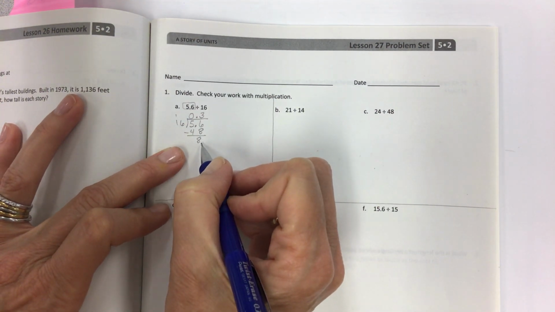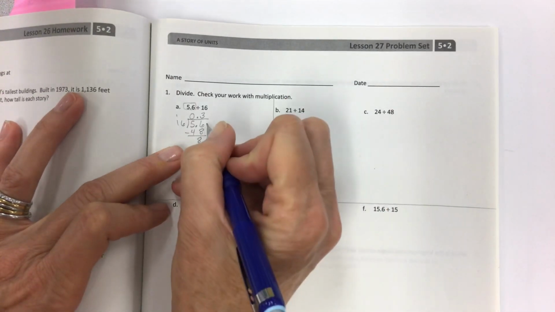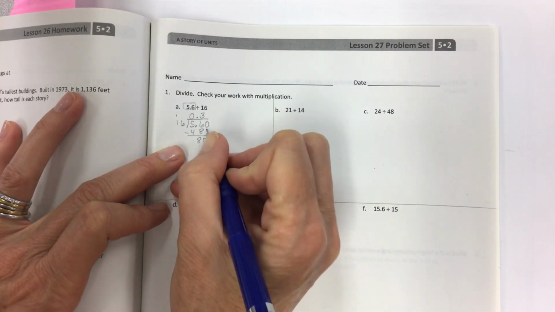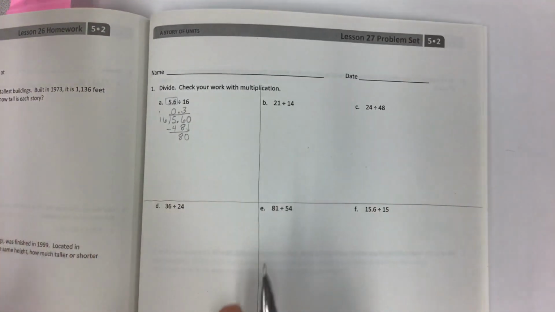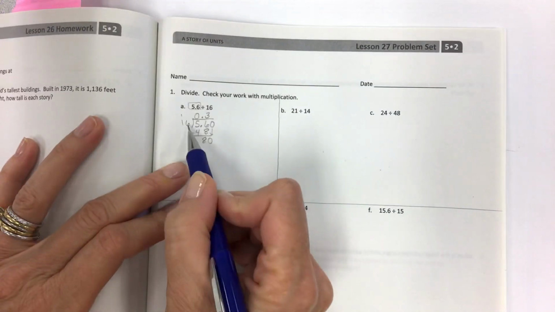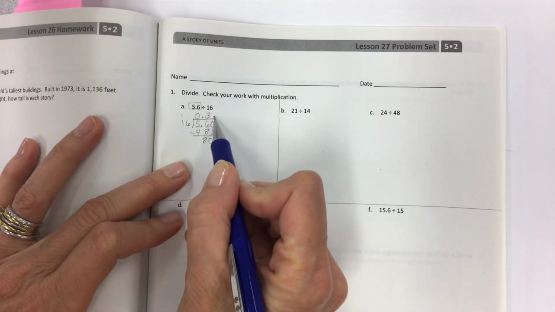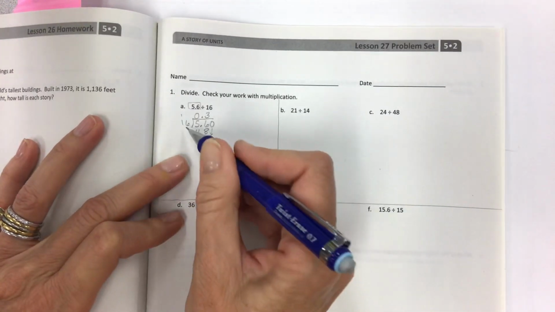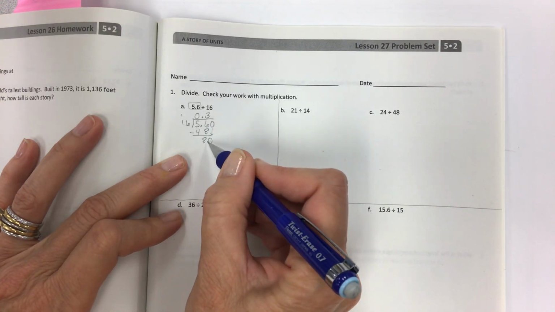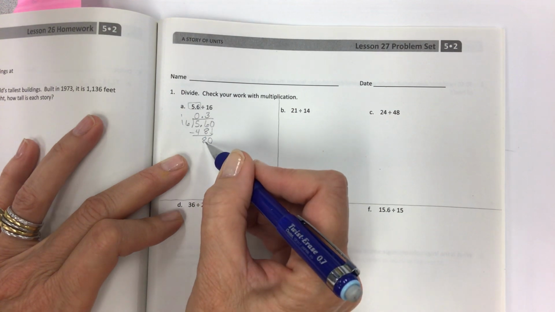So if I have 8 left over, in Lesson 27, we're going to use the annex as 0 and bring it down. We're going to annex so that we can try to get to an empty set or use up all the parts and have an exact quotient. So now that I have 80 as my dividend, I can divide 16 one more time.